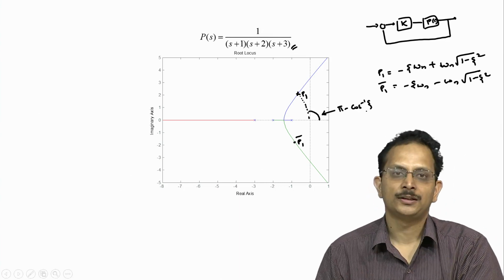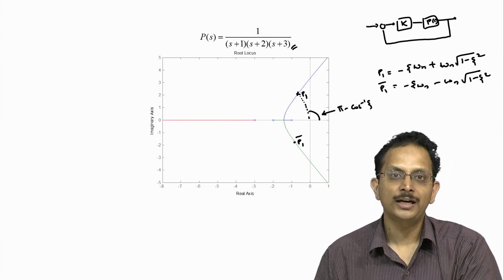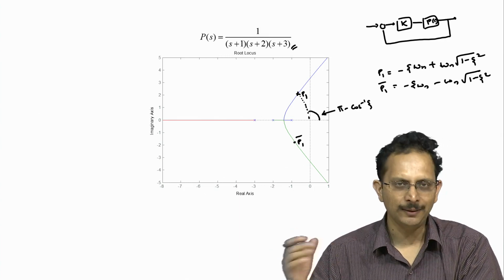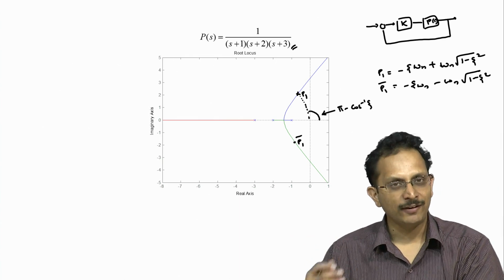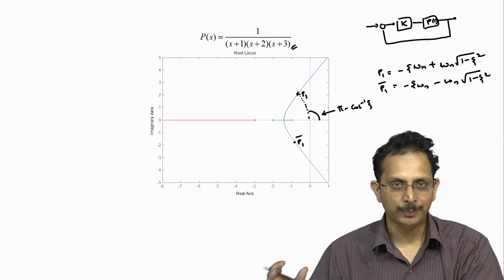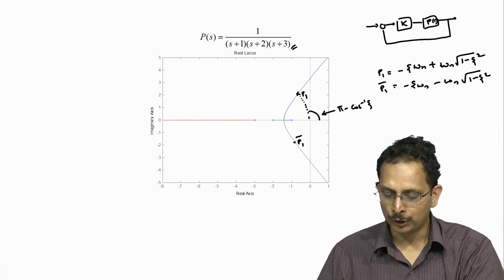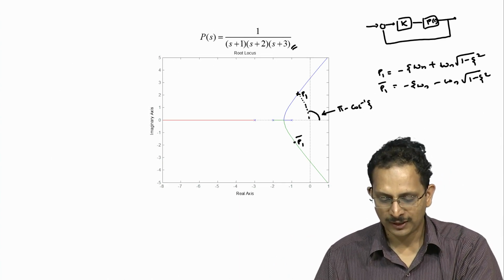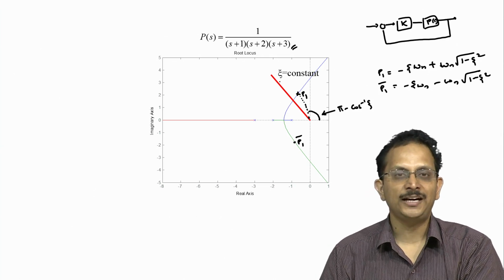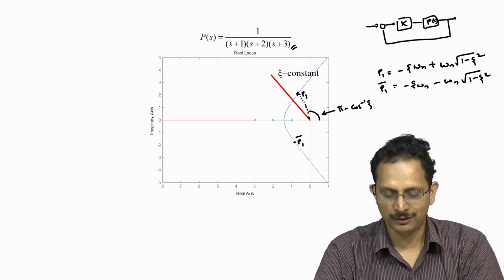So if I want my dominant closed loop poles to have a certain specified value of zeta, which in effect means that our closed loop system has a certain amount of damping, then what we can do is first draw a straight line of slope dictated by the particular zeta that is given to us.